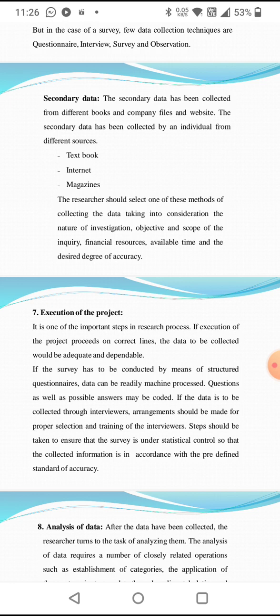That is, with perfect, reliable data, your research survey reaches the output, right? So that's what a researcher expects. If the survey is to be conducted by means of structured questionnaires, data can be readily machine processed. In such a situation, questions as well as possible answers may be coded also.